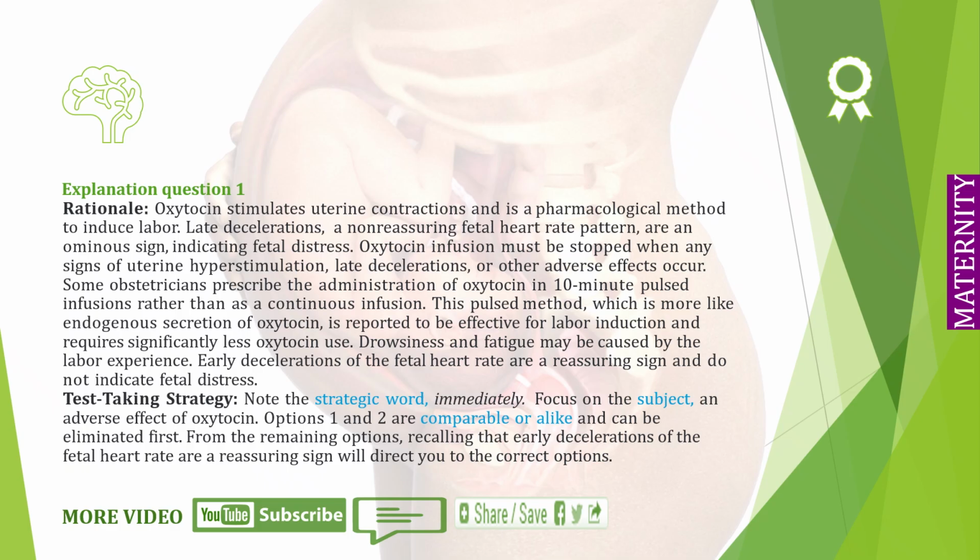Some obstetricians prescribe the administration of oxytocin in 10-minute pulsed infusions rather than as a continuous infusion. This pulsed method, which is more like endogenous secretion of oxytocin, is reported to be effective for labor induction and requires significantly less oxytocin use.